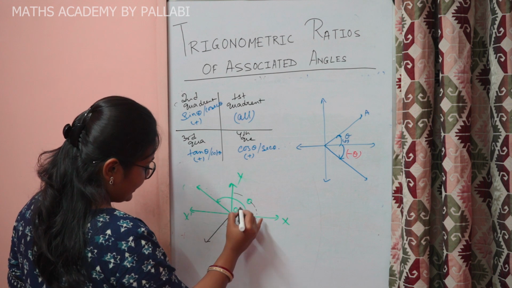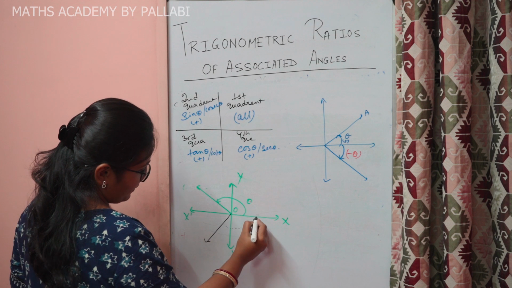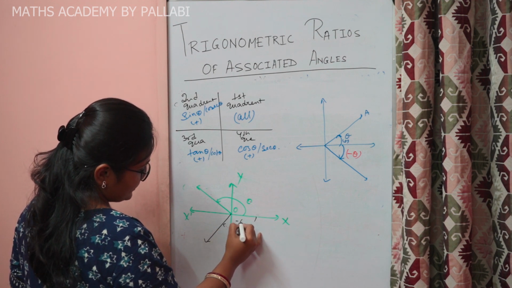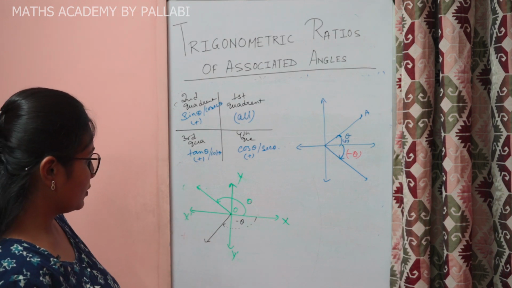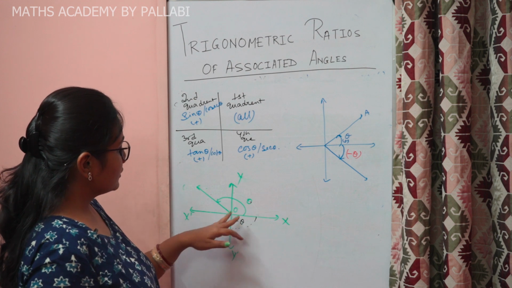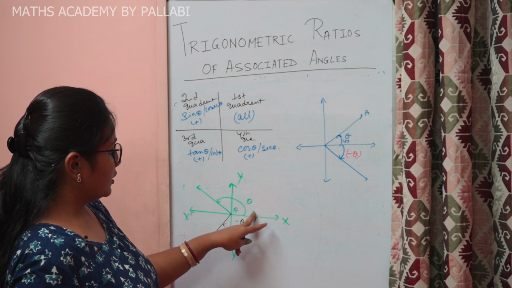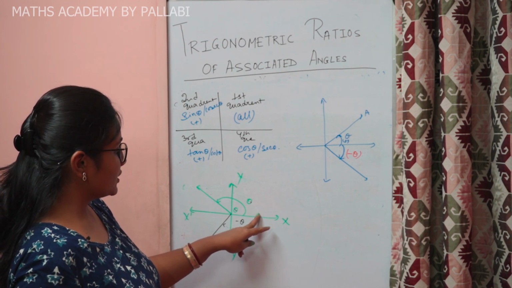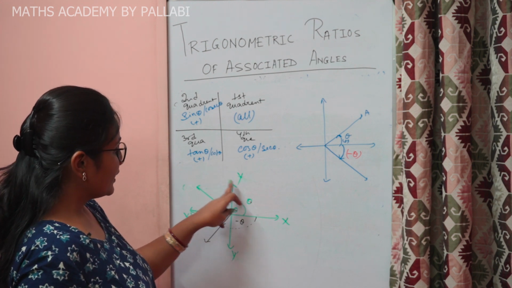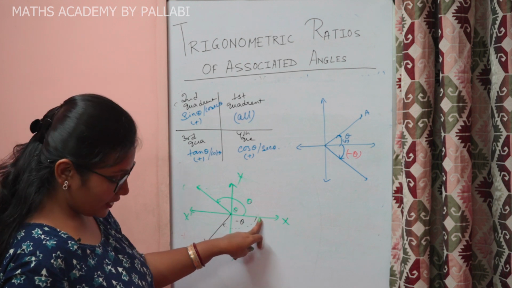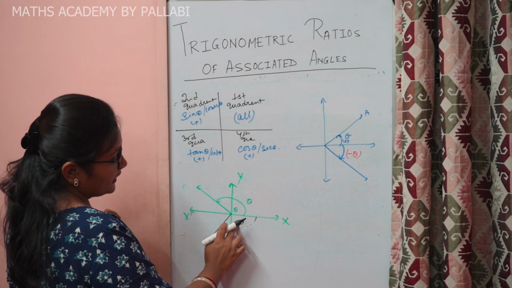So this is the initial position, and it will be considered as minus theta. This is plus theta, this will be minus theta for the second quadrant. When the rotational angle theta, counted from the initial position in the anticlockwise direction, goes to the second quadrant, and if we consider it from the initial position but go in the clockwise direction, it lies in the third quadrant. So the value will then be minus theta.